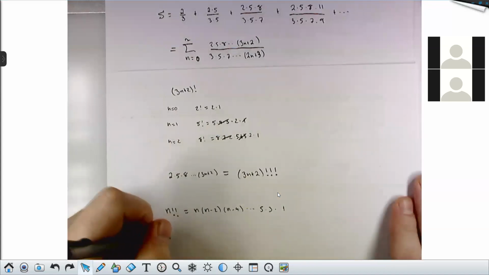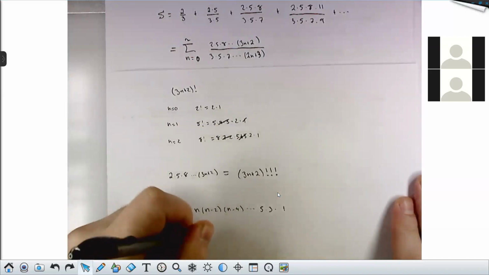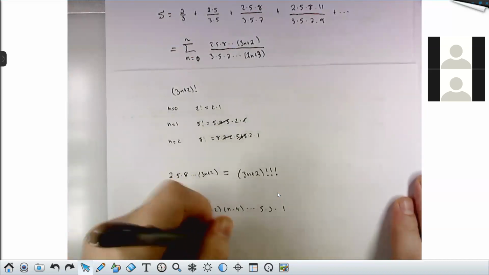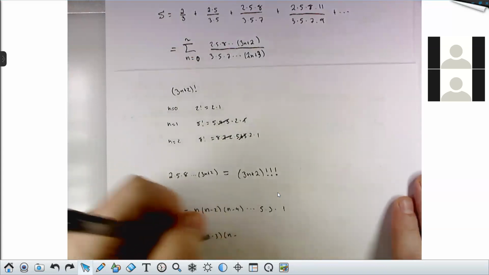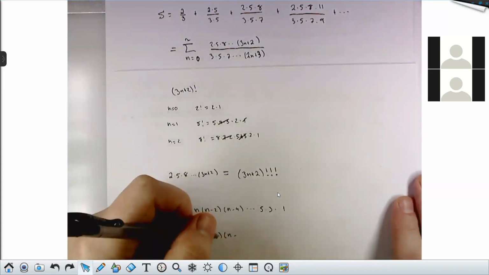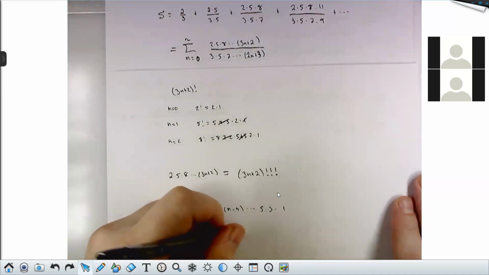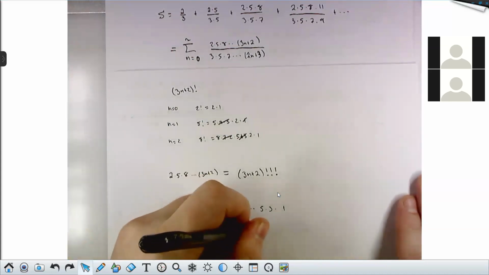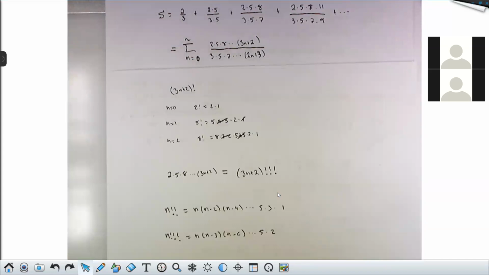And triple factorial, which is the thing we're looking at here, would be like n times n minus 3 times n minus, you'd skip over n minus 4, skip over n minus 5, and then you'd be down to n minus 6. And the last few terms here would be like 5 times 2. These are called multifactorials.